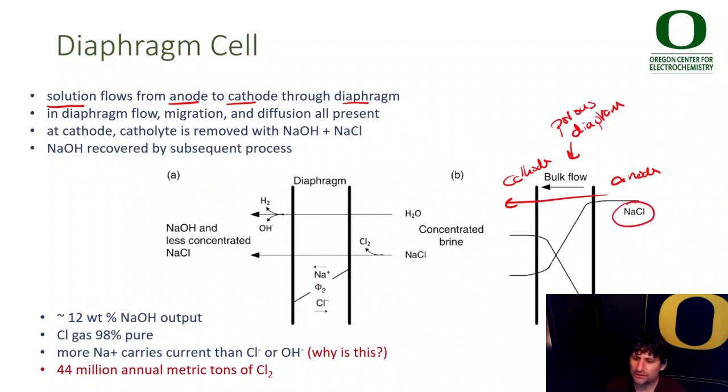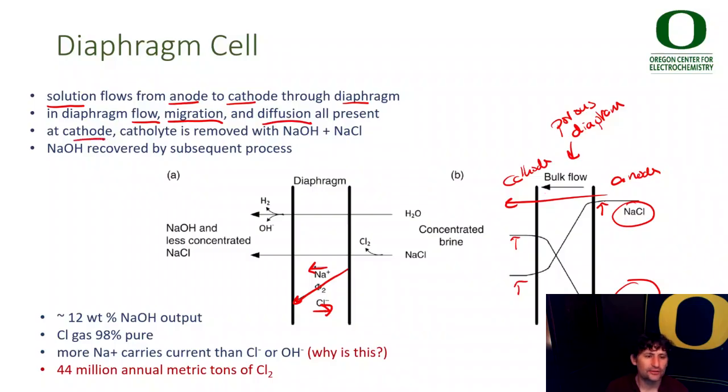You can see in these sketches here the concentration of sodium chloride in the anode versus the cathode, as well as the concentration of sodium hydroxide in the anode versus the cathode. In the diaphragm, you have this flow, but you also have migration driving the ionic currents, primarily sodium plus from right to left, from anode to cathode, but also Cl minus from left to right, and diffusion along these concentration gradients.